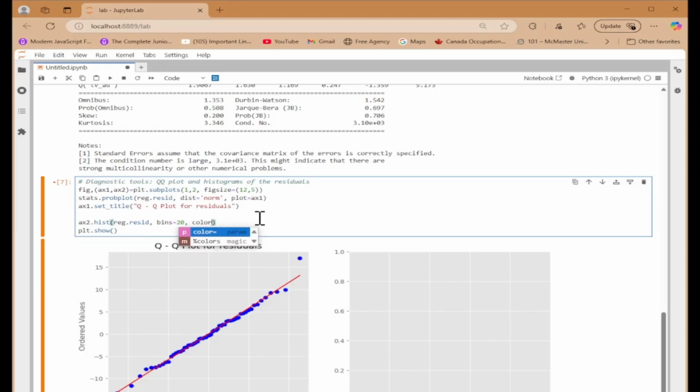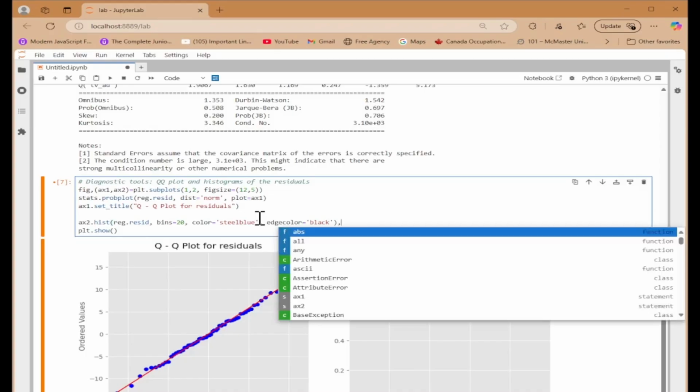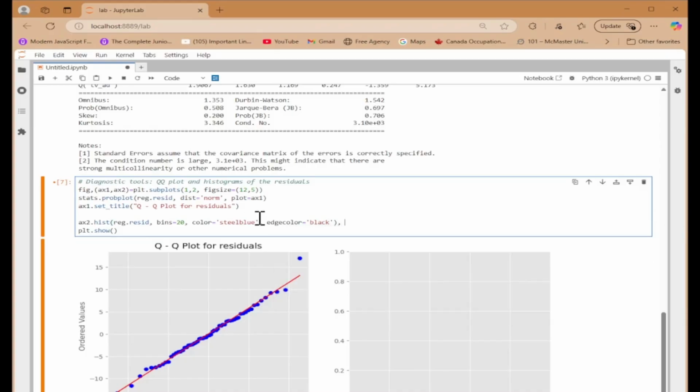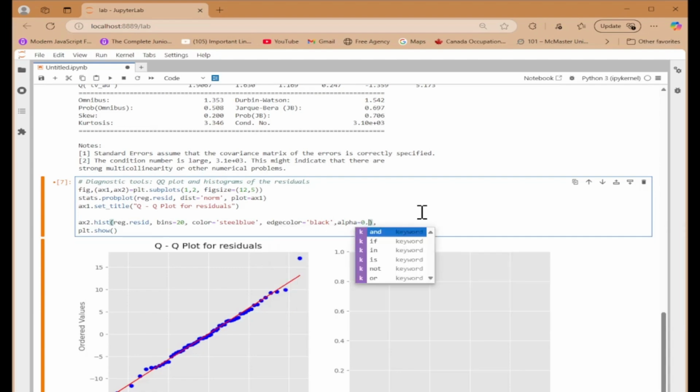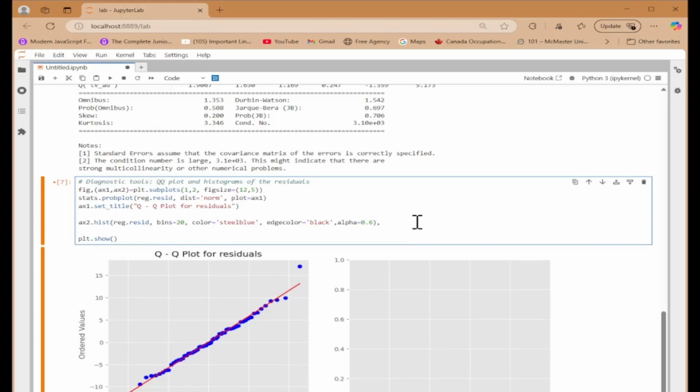Color equals steelblue, comma, edgecolor equals black, comma, alpha equals 0.6. Okay, that's one.